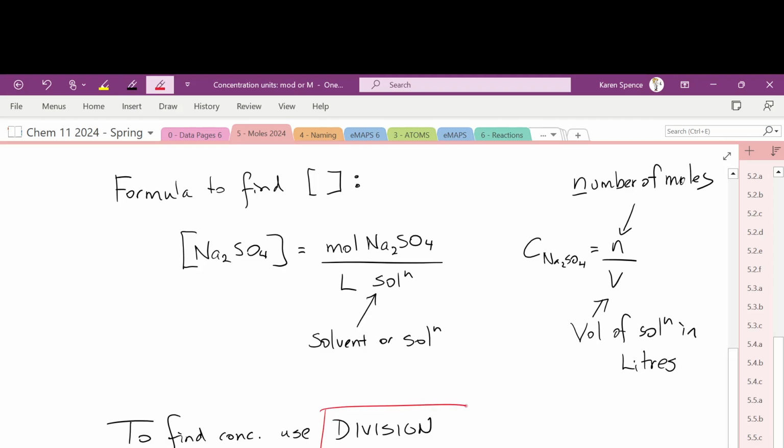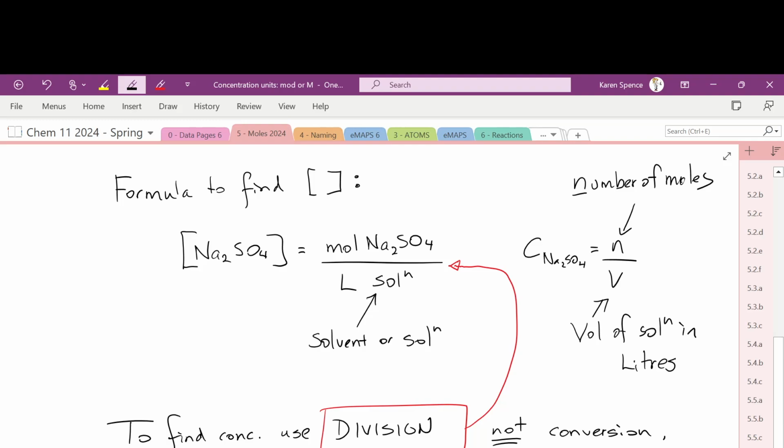That being said, we can actually use molarity as a conversion factor. So to find molarity, you do a division, but we can use molarity as a conversion factor.